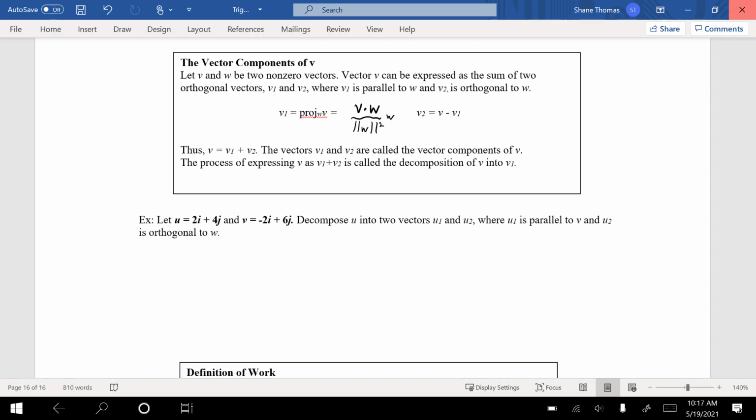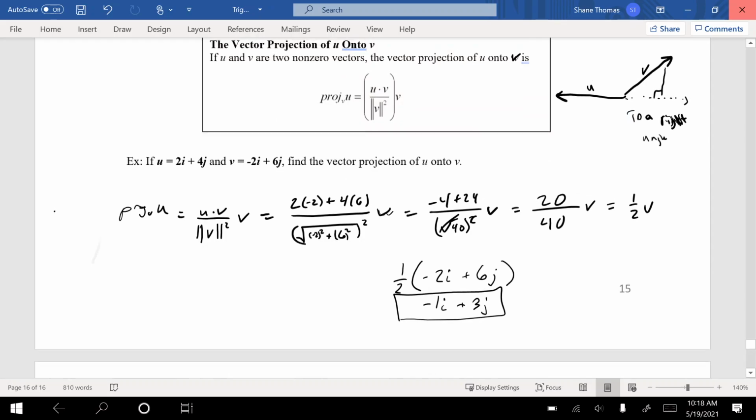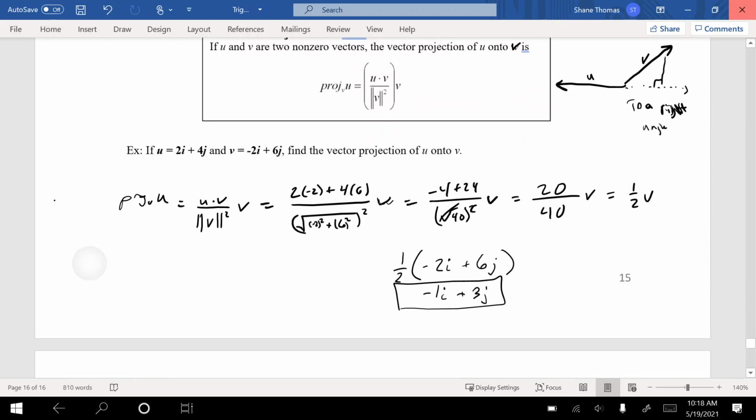So, the first one, V1, is easy because V1 is just the projection of U onto V. And we actually just did that, right? It's the same exact two vectors, so that's no different than what we did in the last problem.